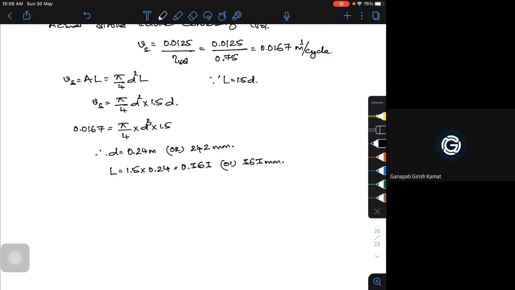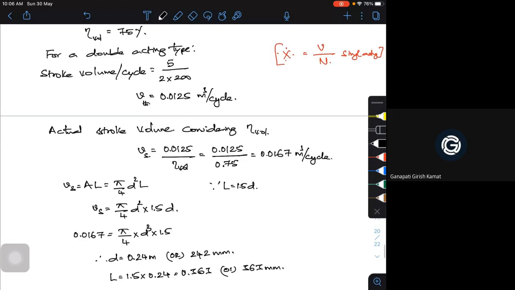You have to be very careful with the volume here, this being a double acting cylinder. If you want, we can write this formula also. V is equal to I into N into volume per cycle, where you take the volume per cycle, the speed, and the number of cylinders or type of acting, whether it's double acting or something else.